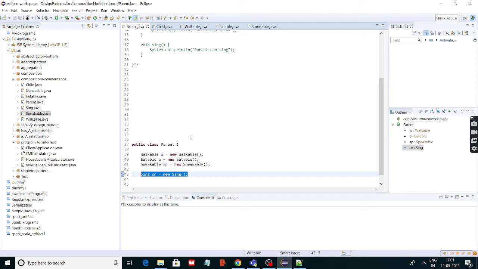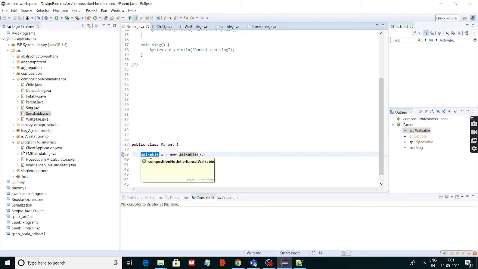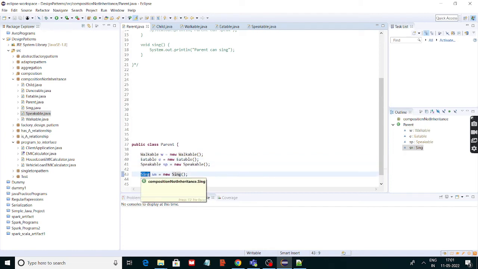It says what a class is able to do or what a class can have. A parent can walk, a parent can eat, a parent can speak. Similarly, a parent can sing. That is what a parent is capable of.